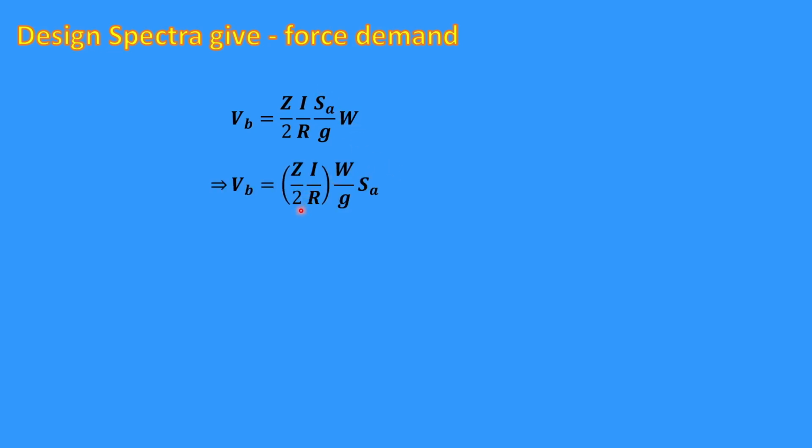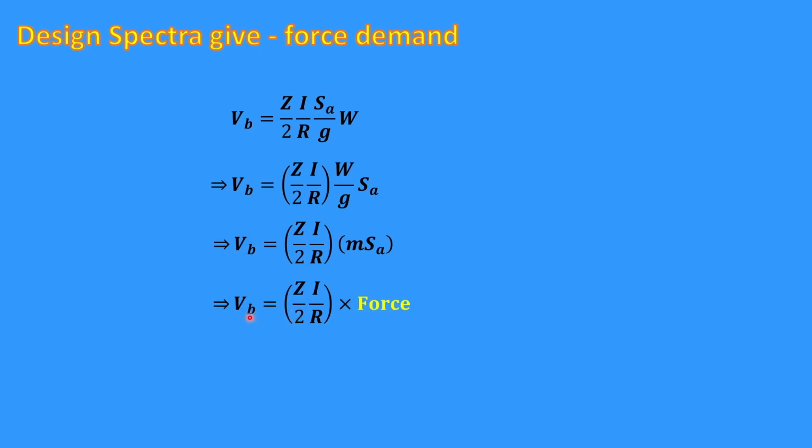We rearrange this formula this way: W by g we take together, and this is a constant part, then SA. Weight by g is equal to mass. So we can write this expression as M into SA, where M is the mass of the system. Now mass into acceleration, and spectral acceleration is also acceleration, is nothing but force.